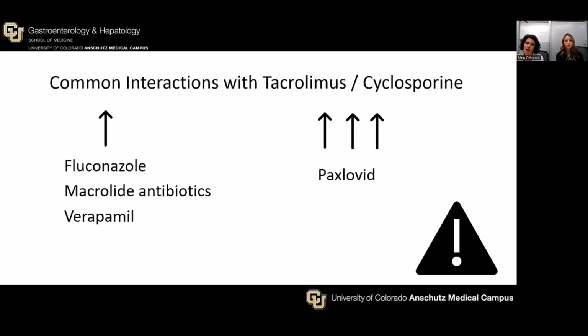We generally avoid the macrolide antibiotics for this reason. Fluconazole and verapamil, we do have patients that use them, but if it's starting or stopping these drugs, we just ask that the patient or the primary care provider get in touch with us so that we can make appropriate dose adjustments to their medications.